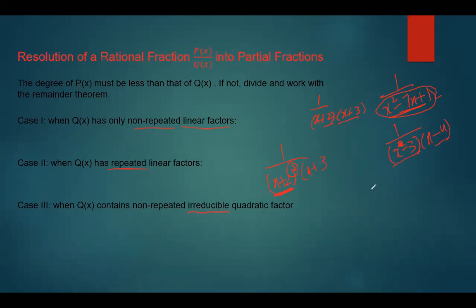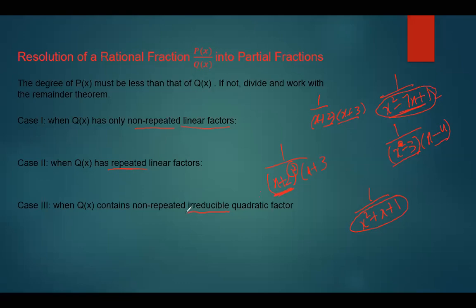Now if we have x square plus x plus 1, this is also a quadratic, but we can't reduce it to a product of linear factors. So this type of quadratic is called irreducible quadratic.